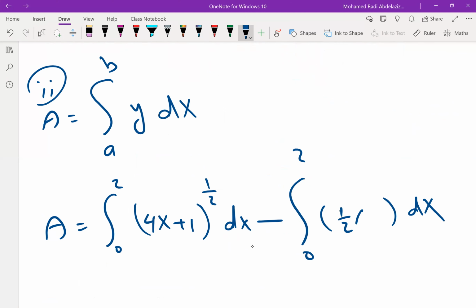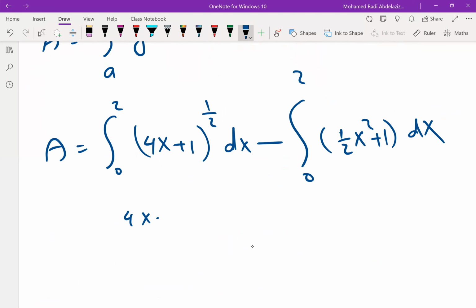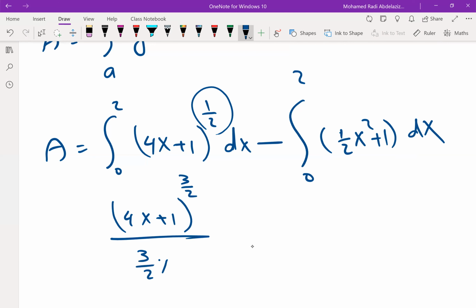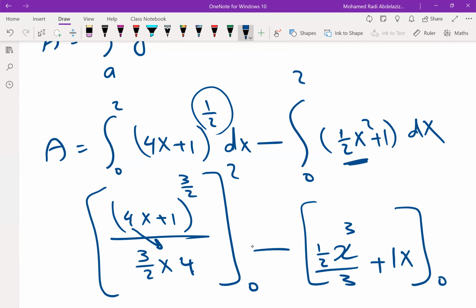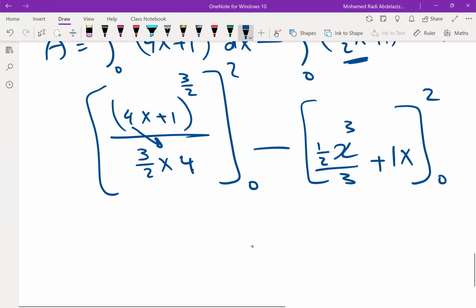Start to integrate (4x + 1): add 1 to the power to get 3 over 2, divided by the new power 3 over 2, multiplied by the coefficient of x, with limits from 0 to 2. Minus, in the same way, to integrate half x squared, we add 1 to the power to get 3, divided by the new power 3, and the integral of 1 is x, with limits from 0 to 2.